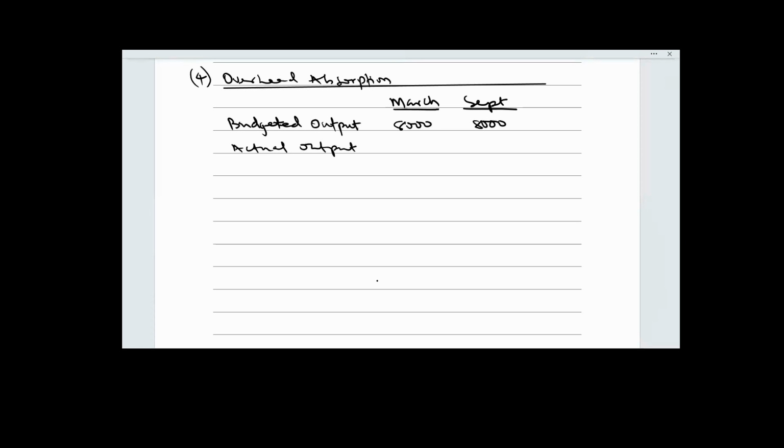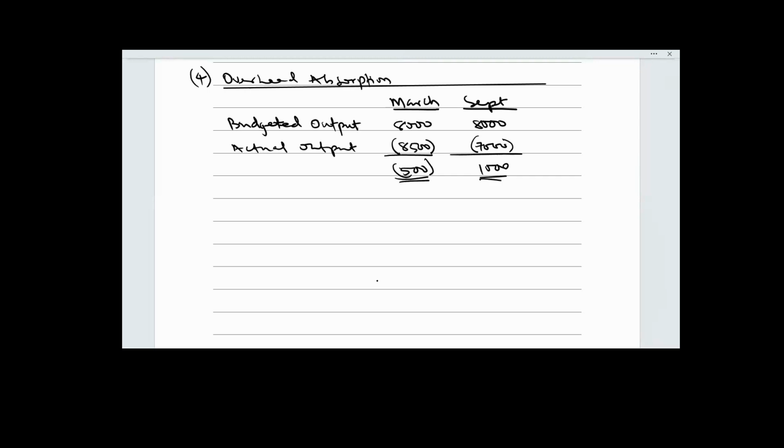For the period ending March, we produced 8,500 units. Period ending September, we produced 7,000 units. So here is 500, here is 1,000.